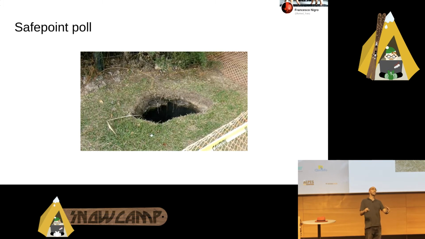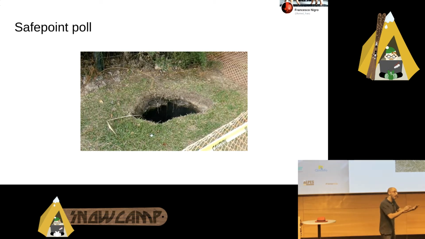When the just-in-time compiler compiles your Java code, it injects traps, holes, we can say. This kind of trap, when a safepoint is being requested, becomes active. And if your thread, so your Java code, arrives at that point, then it will block.